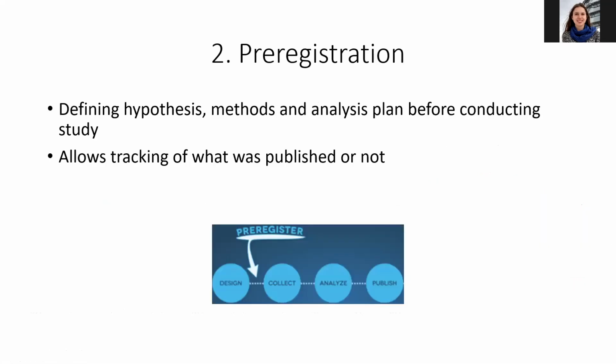The second proposal of the authors to avoid selective reporting would be pre-registration. In pre-registration, there is the definition of hypotheses, methods, and the analysis plan before the study is conducted. This allows later tracking of what was published or not, like in the example I gave you with the antidepressant trials.